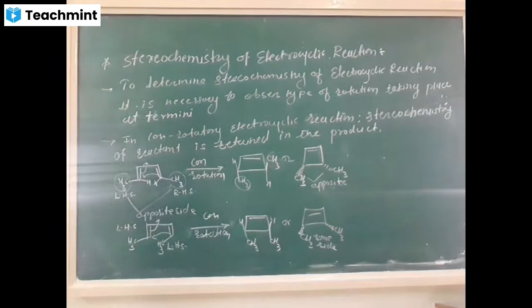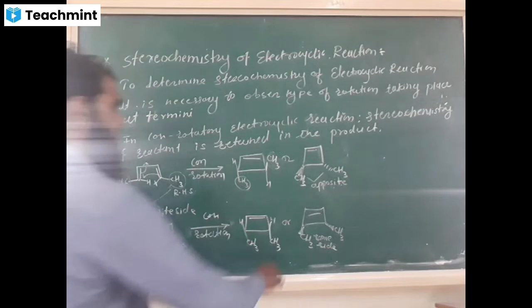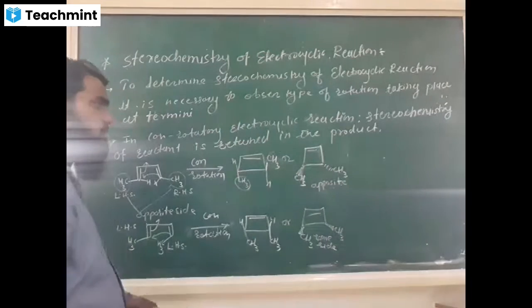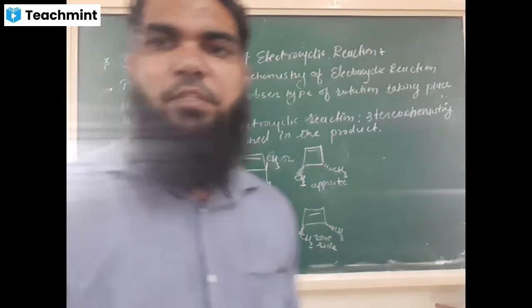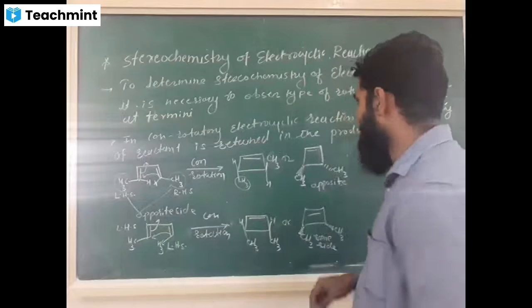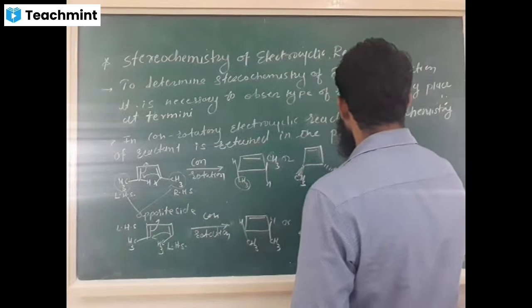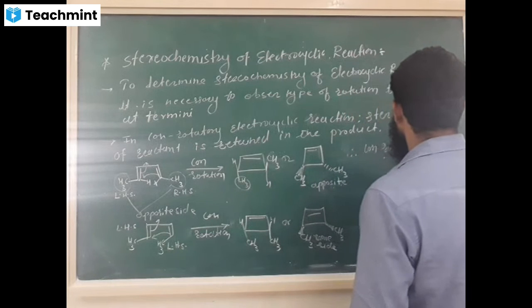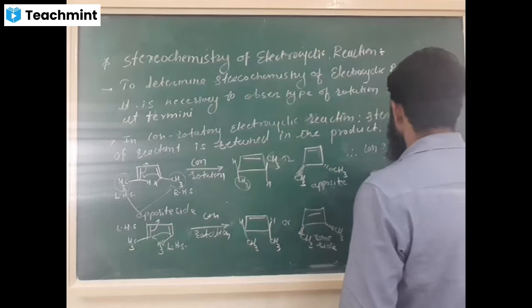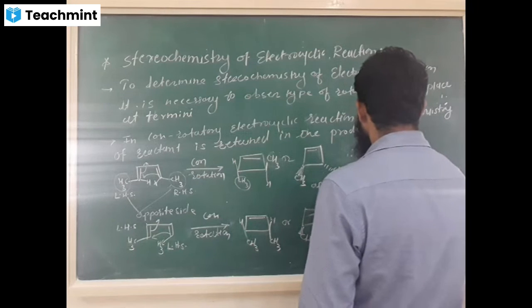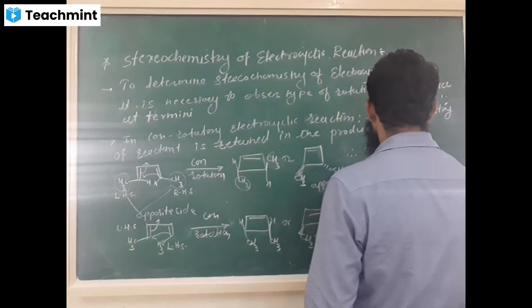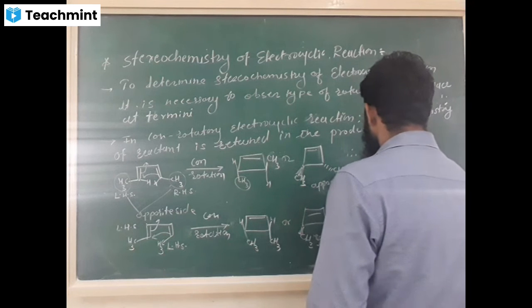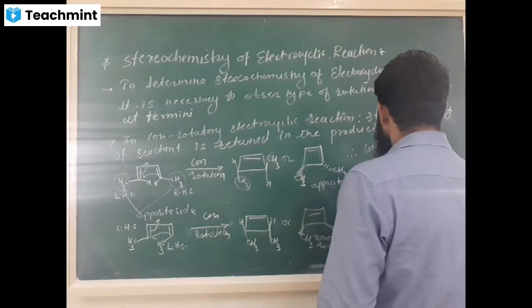तो यहाँ पर फिर से हम ये कह सकते हैं, we can say that conrotation preserves the stereochemistry.